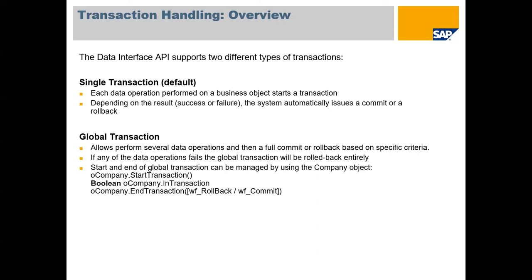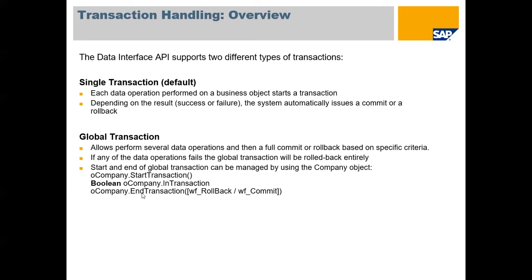When the transaction is successful, you must use the EndTransaction method to free the locked records and allow other users access to them. So use EndTransaction in case you are not sure about the status of the transaction. Always use a transaction, either the global transaction or the single transaction.